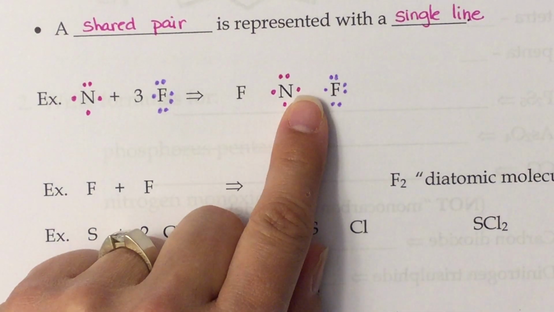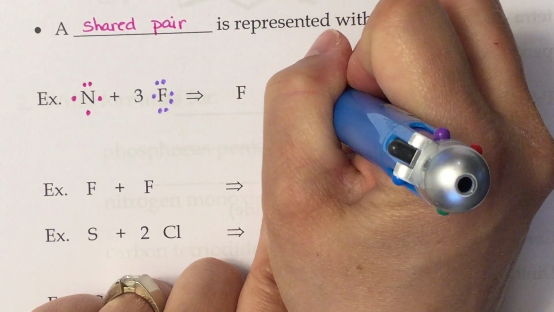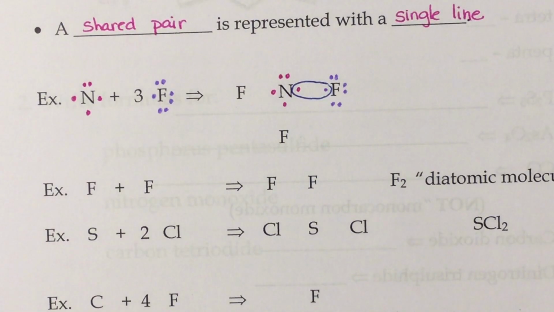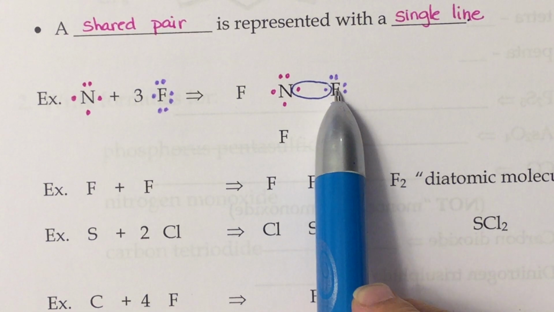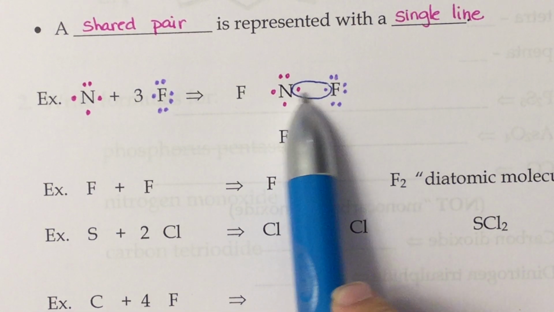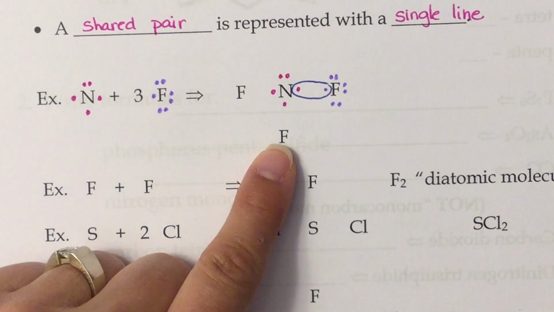You notice here that we have a pair of electrons that can match up. So this electron from fluorine and that electron from nitrogen are going to share valence electrons. We'll do the same thing here.